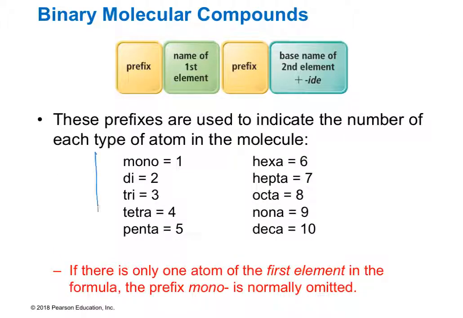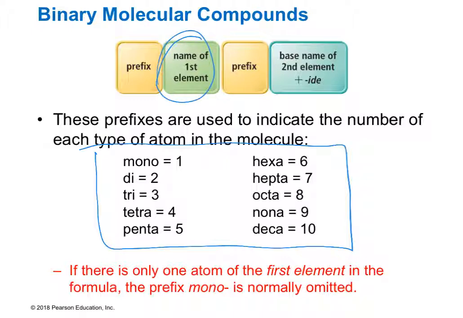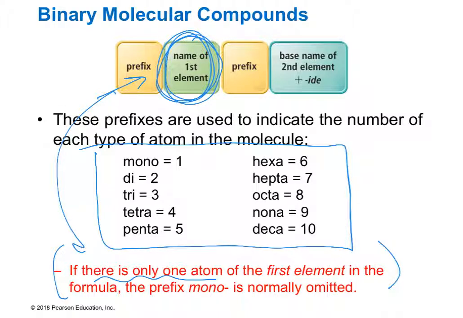All right, so commit these prefixes to memory. And just to kind of show you a flow chart of the rules, you're going to name the first element, which will be the less electronegative one. It gets a prefix unless, this is huge, so pay attention down here, unless there is only one atom of this element.